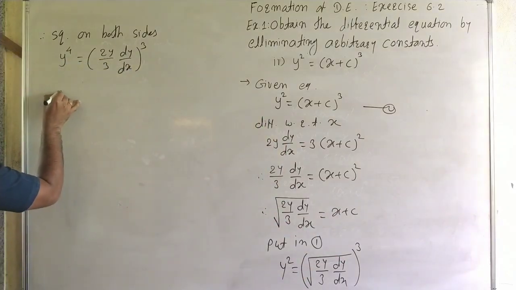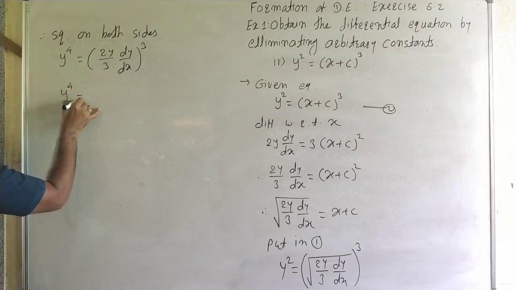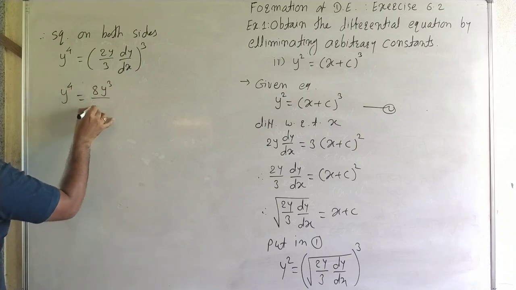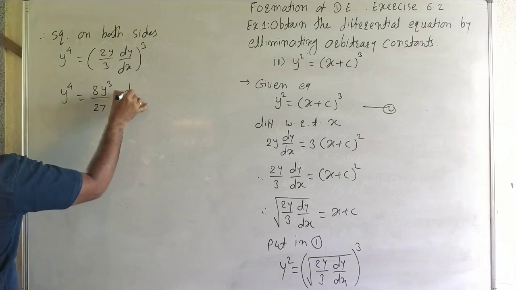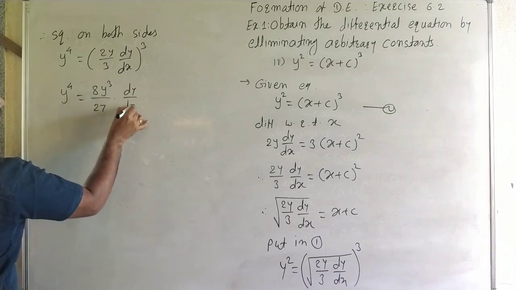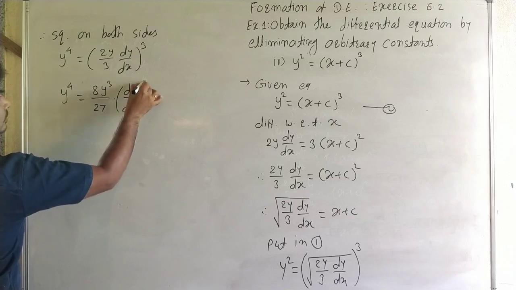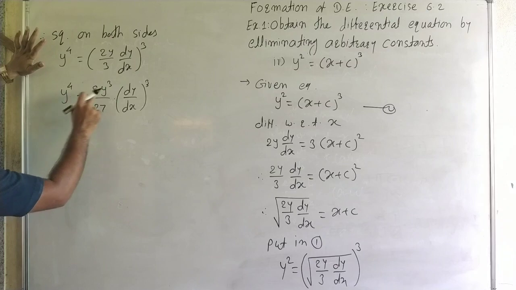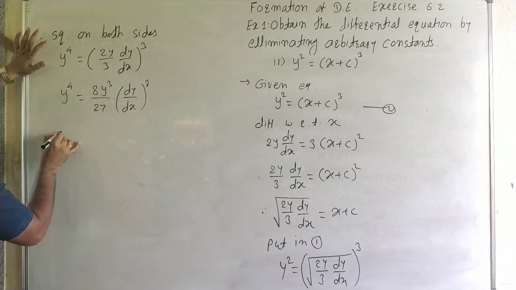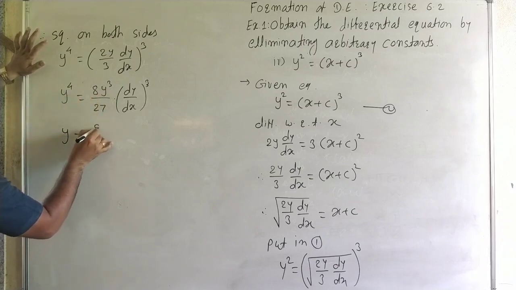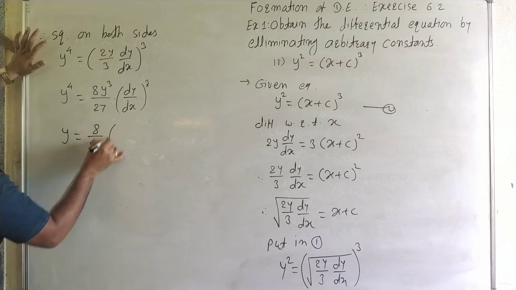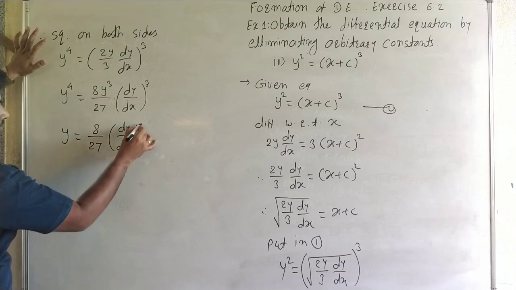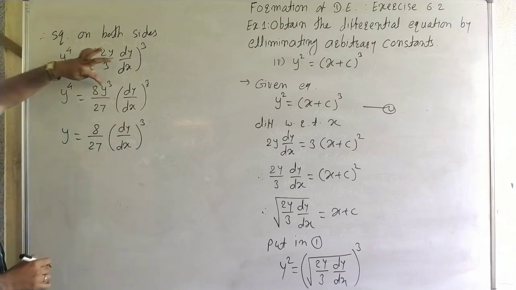Now the calculation, y to the power 4 is equal to 8y cube upon 27 (dy by dx) cube. Taking the cube of this, y to the power 4 and y to the power 3, therefore y is equal to 8 by 27 (dy by dx) cube, y cube gets cancelled.